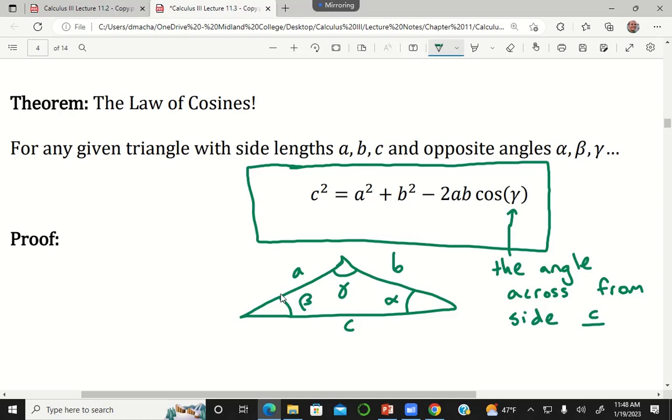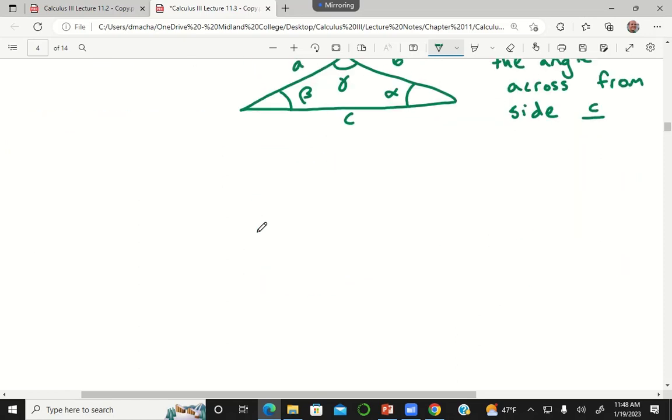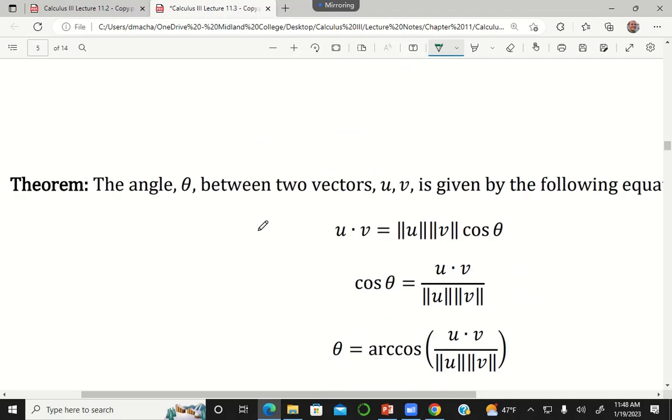But if you don't have a right triangle, there's no angles that are 90 degrees, then this law of cosines still works for any triangle. So go ahead and write this in your notes and have it ready to use. Like I said, there's kind of a neat proof for the law of cosines, but I'm going to skip it for now because we only have 2 minutes left.